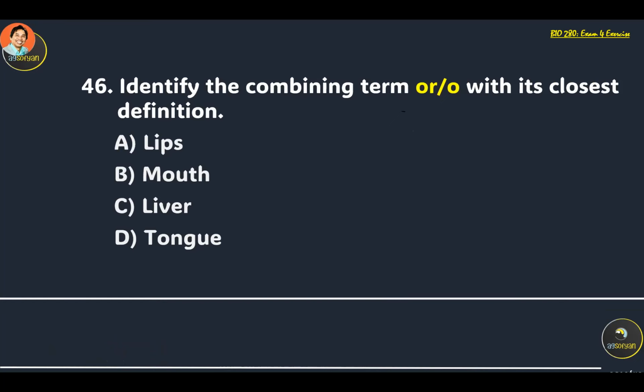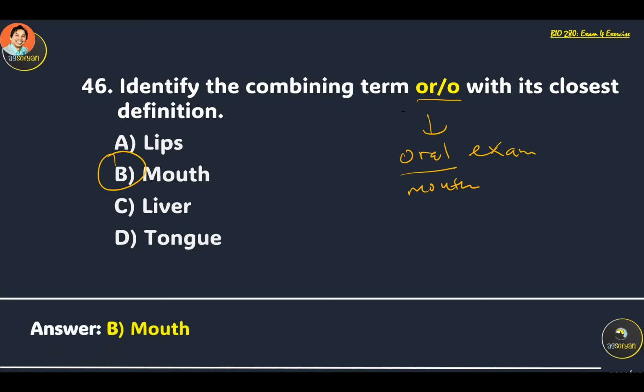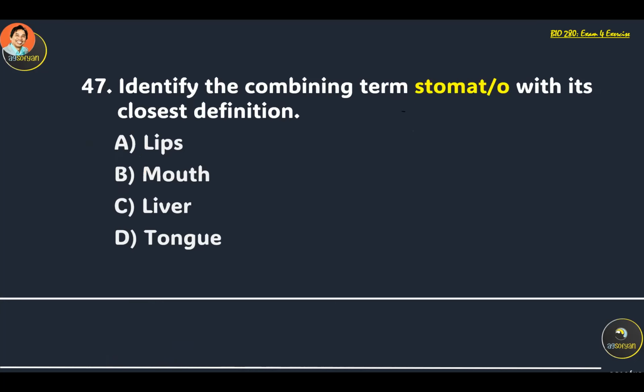Oro. Remember, we heard oral exam. What does oral exam mean? You have to say it, which is mouth. Okay, it's going to be mouth. Stomato. Stomato, especially in plants, this also means mouth.